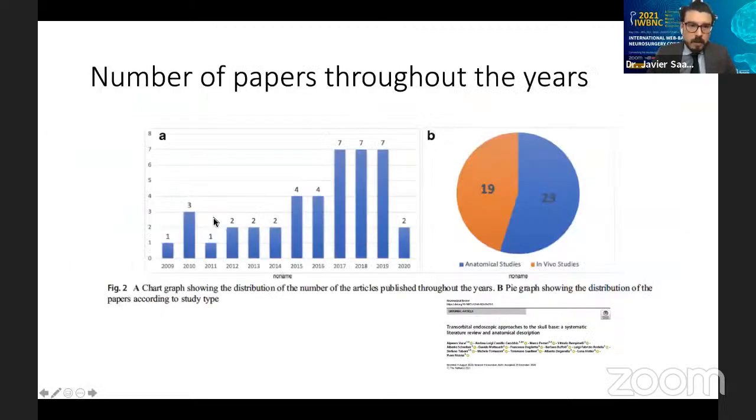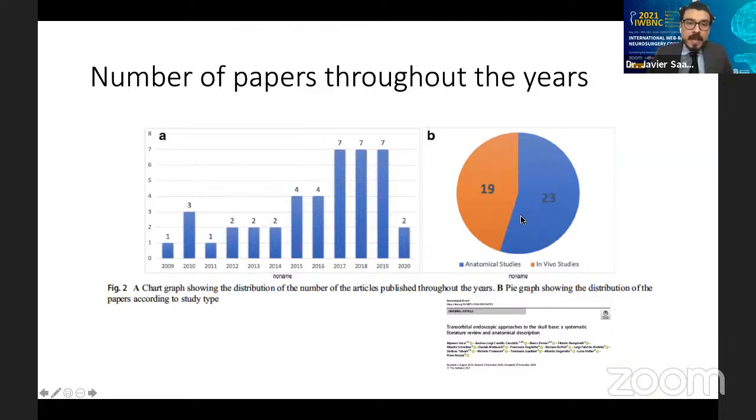So 10 years ago, when Dr. Moe published her paper, there were no more than 3 published articles on the subject. Very progressively, throughout the years, the number of papers has been rising, but nevertheless, anatomical studies are almost the same number as in vivo surgical studies.